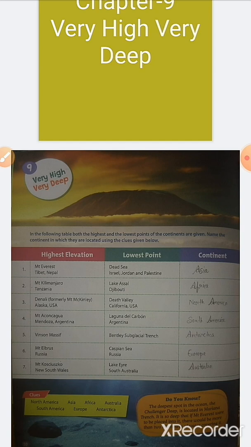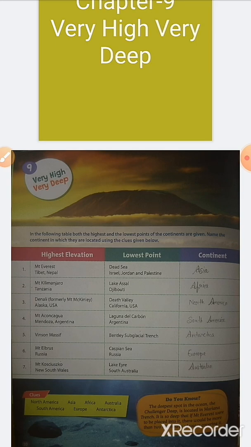Death Valley is a desert valley in eastern California, and it is one of the hottest places on earth along with deserts in the Middle East and the Sahara, and 86 meters below the sea level, means 86 meters depth from the sea level.